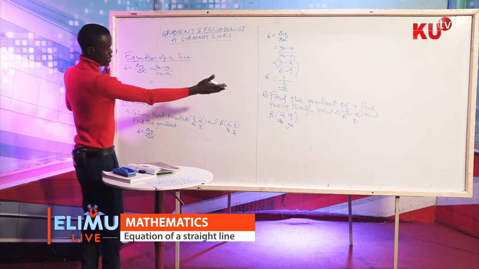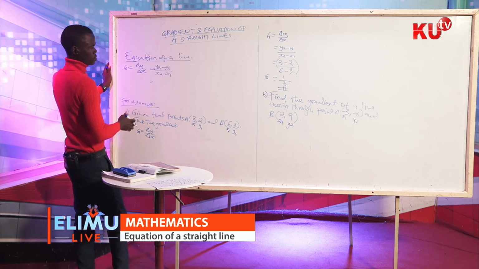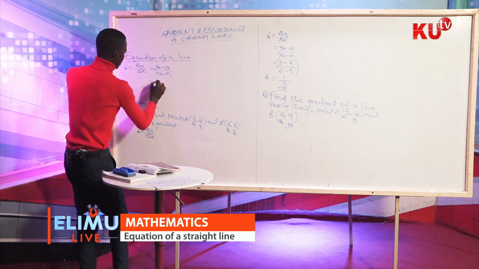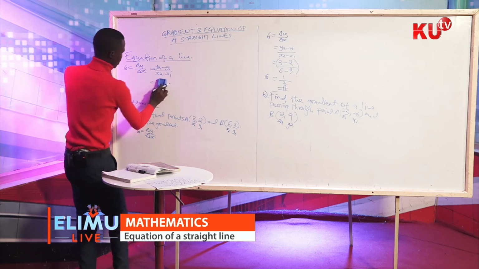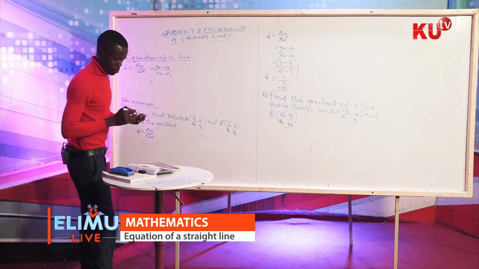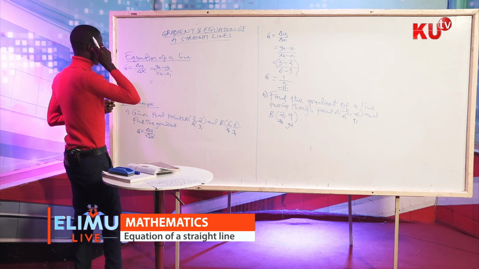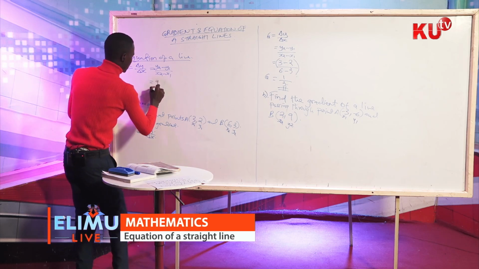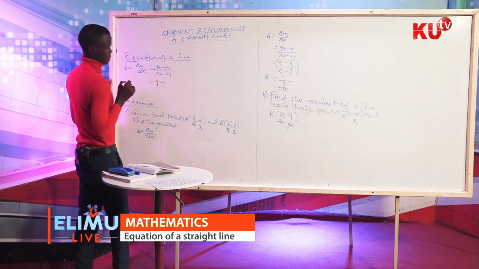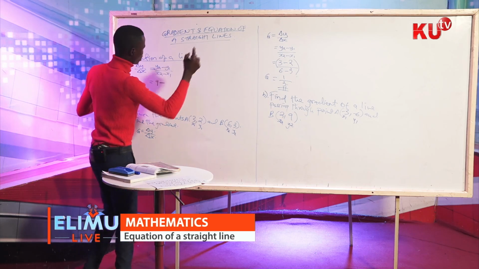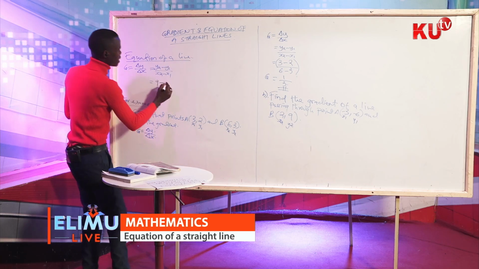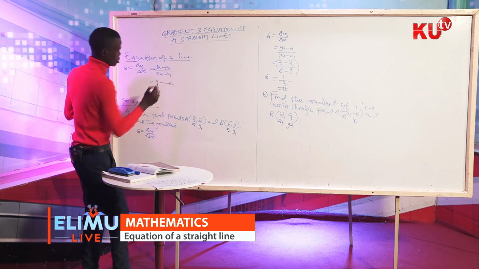We come to our question. Our y2 is 9, which will be 9 minus, what is our y1? Negative 6.